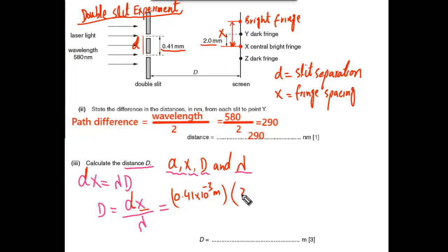In this case you will say 2 times 10 to the minus, this is in millimeters here. Do you know why I multiply by 2? Because this is half. That's the reason you have to multiply this by 2. Okay, is this point clear? Why I multiply by 2?